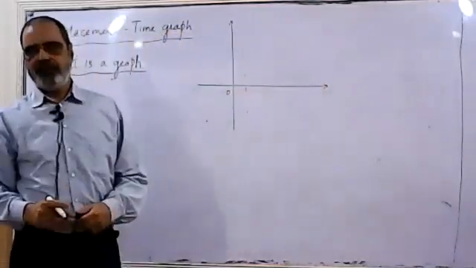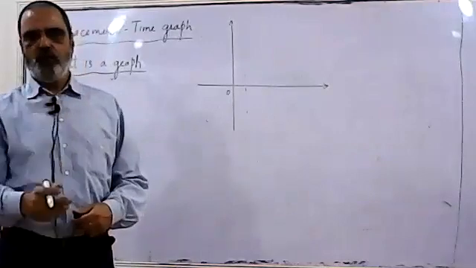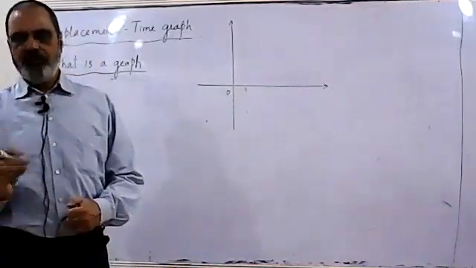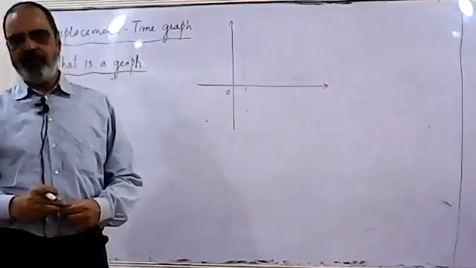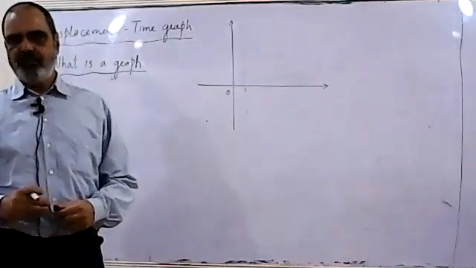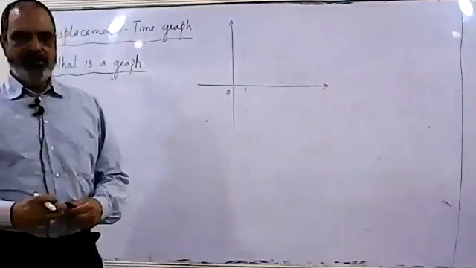We have two axes, horizontal and vertical. Two physical quantities are represented along these two lines.